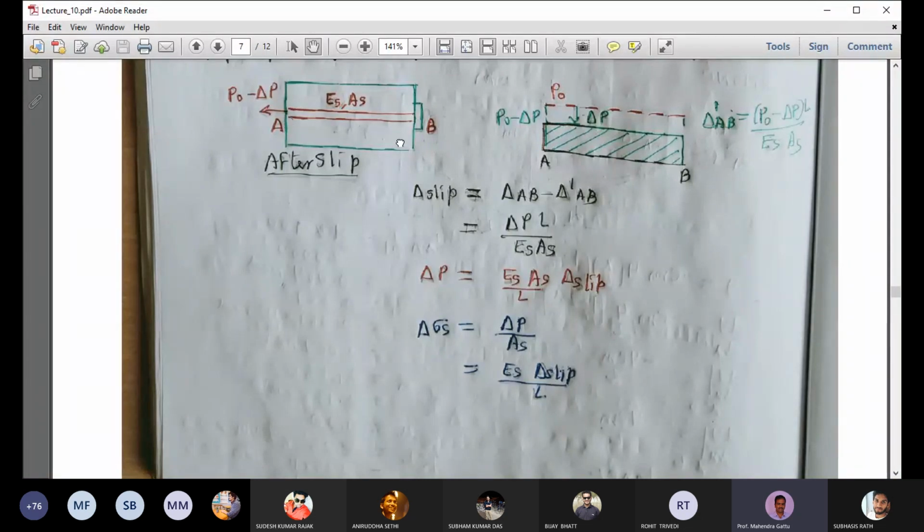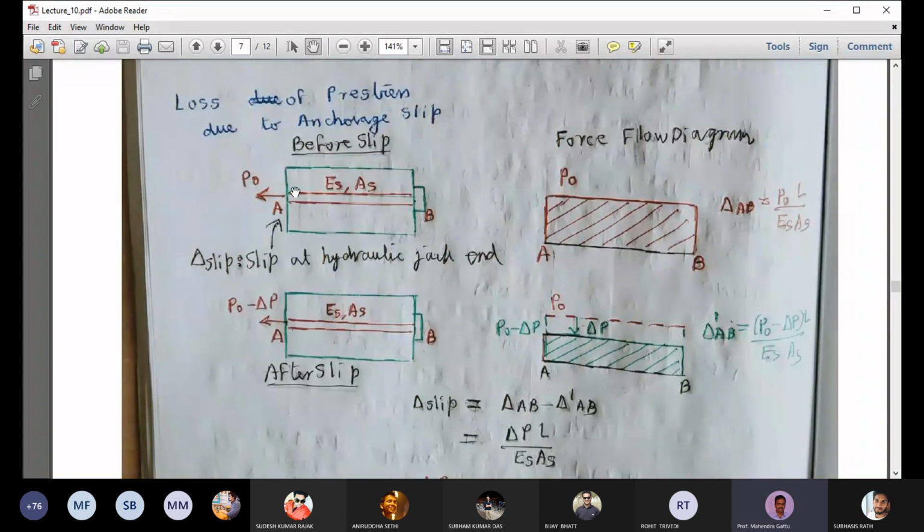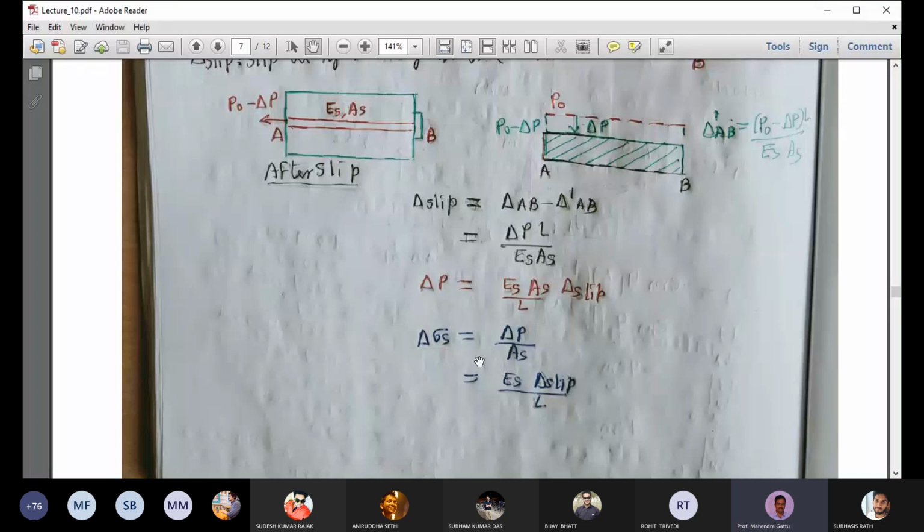So this is for a straight cable. Okay, straight cable, and it's a very straightforward relation. So delta P is E_S by L into delta slip, or you can say P is equal to K X kind of thing. This one.